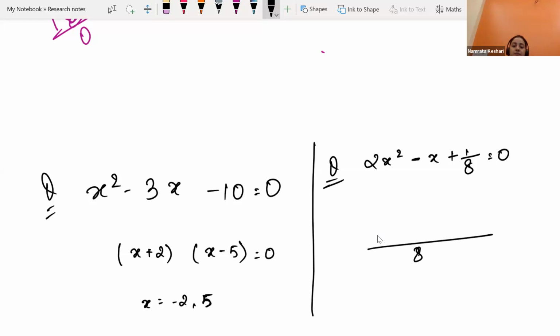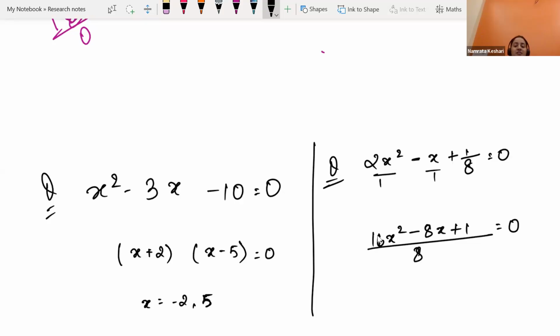Okay, so in the numerator, it will be 16x squared minus 8x plus 1.